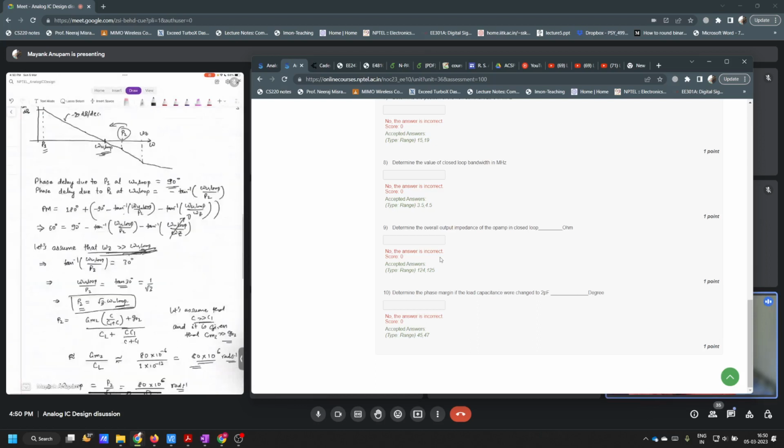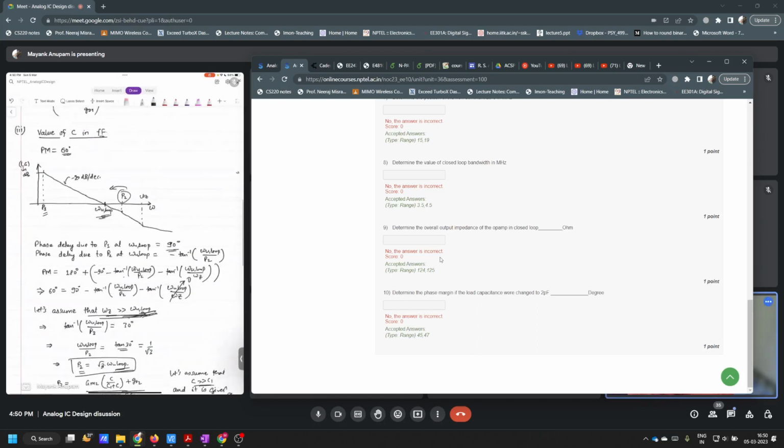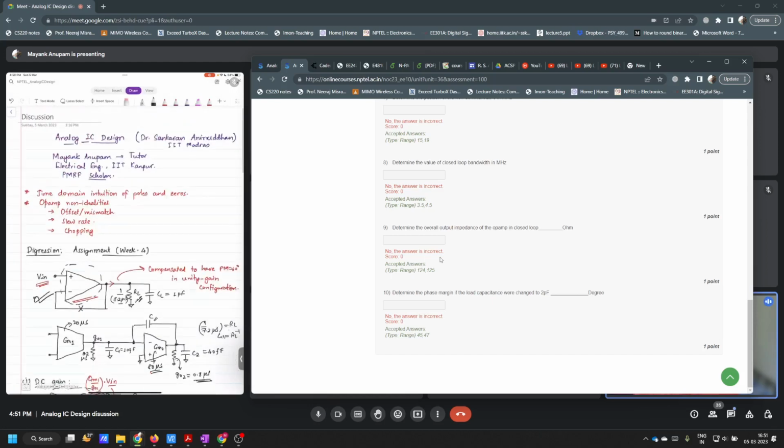Reiterating: when you start attempting a question, do not try to write exact expressions the first time. Try to make the complexity as low as possible.